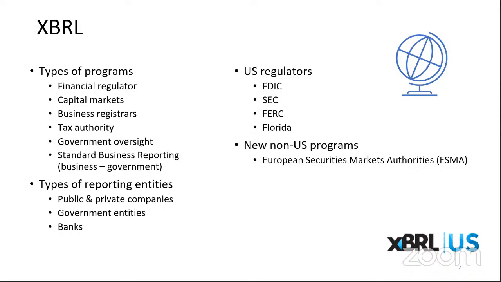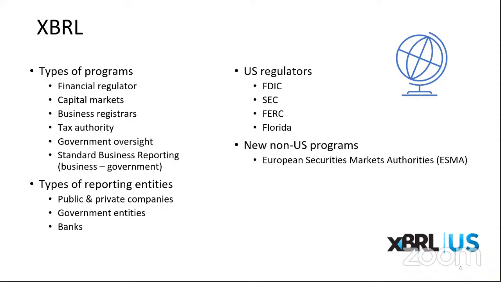There are different types of reporting entities within these different types of programs: public and private companies, government entities, banking institutions. And here in the United States, there are 4 different regulators that now require the use of XBRL. The Federal Deposit Insurance Corporation requires banks to report their call report information in XBRL format.